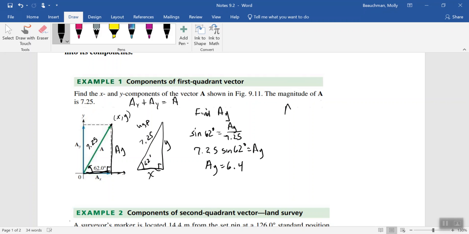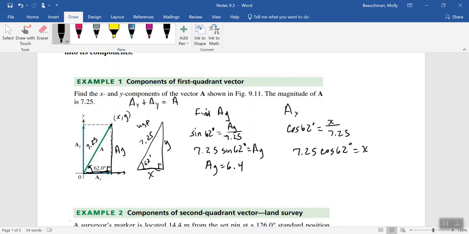Now we do the same thing to find x. x is the adjacent side, and we have the hypotenuse. So this time we're going to use the cosine of 62 degrees, which is equal to the adjacent side, x, divided by the hypotenuse, 7.25. Multiply both sides by 7.25.